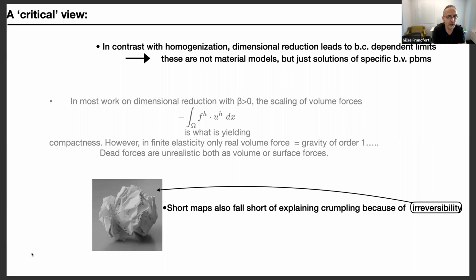Is there a huge difference between 3D to 1D and 3D to 2D? Maria Giovanna, maybe she's online. Yeah, I'm online. Hi everyone. What I can say is that you can deduce a full hierarchy also when you go from 3D to 1D. And what happens is that many things are simpler, in the sense that you end up with functionals defined on functions of one variable, which is somehow the mid-fiber of the beam.